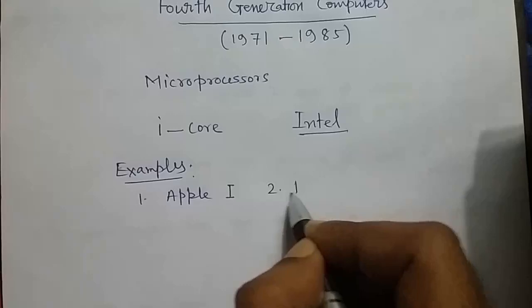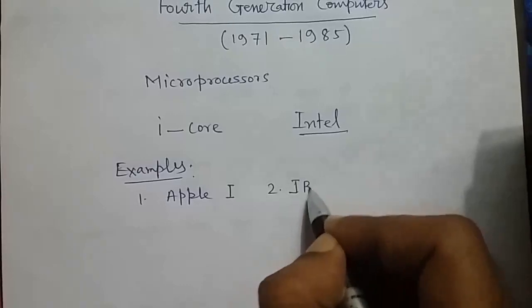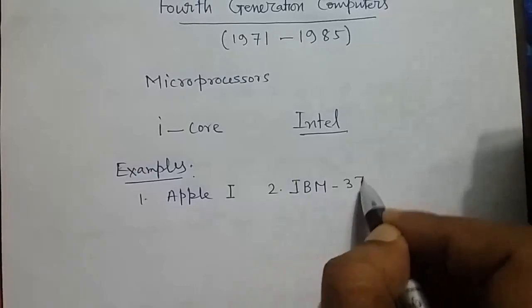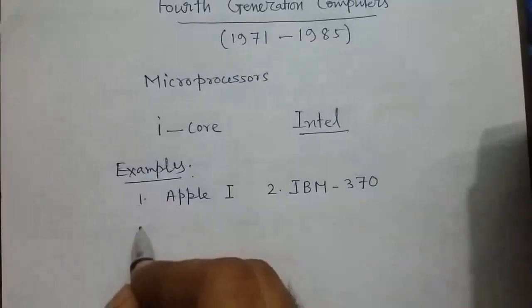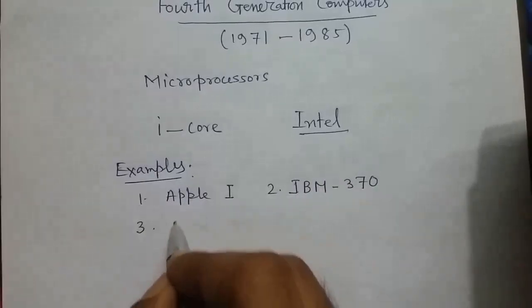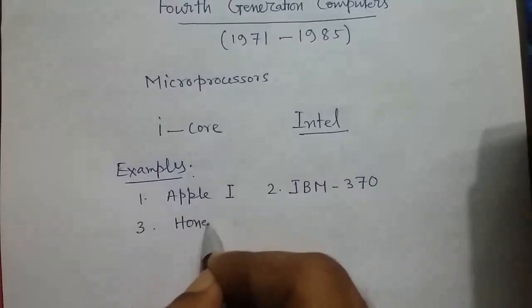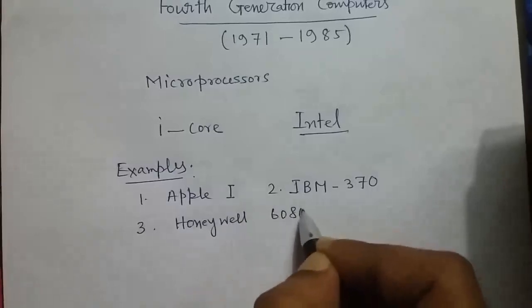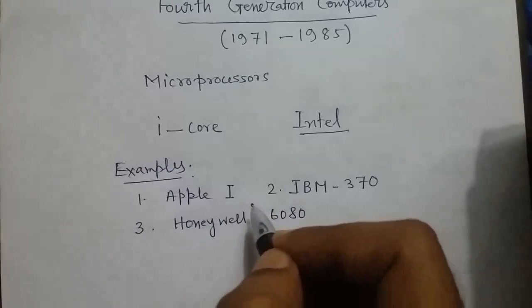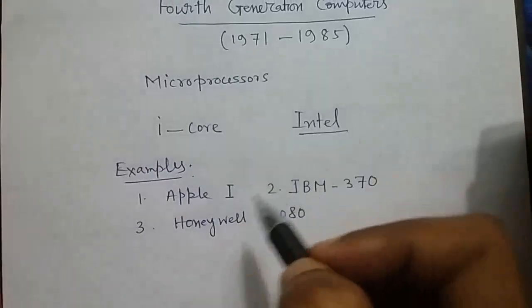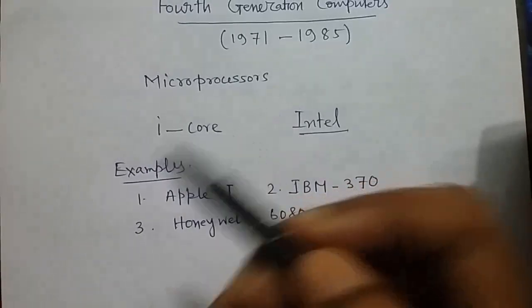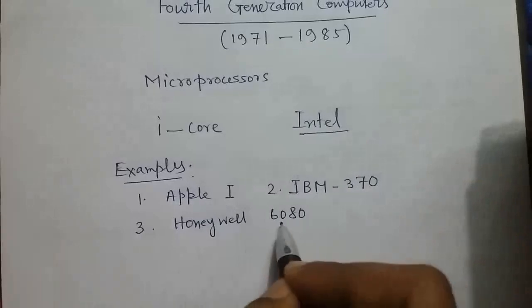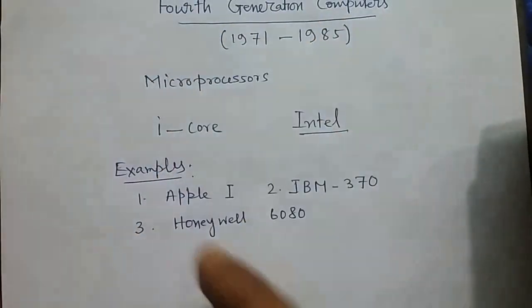Number 2, IBM 370. Number 3, Honeywell 6080. Honeywell 200 was the third generation computer, and Honeywell 6080 is the fourth generation computer.